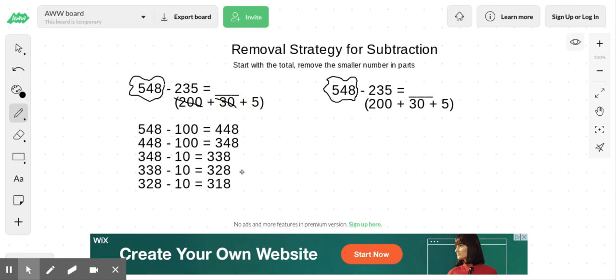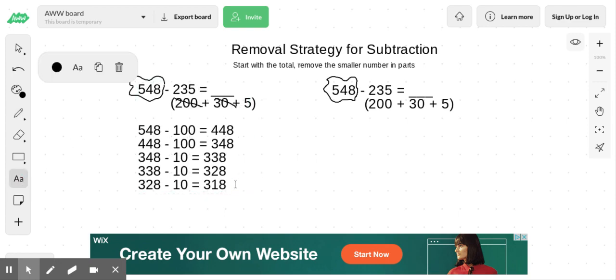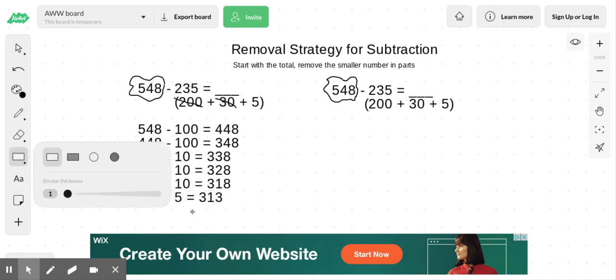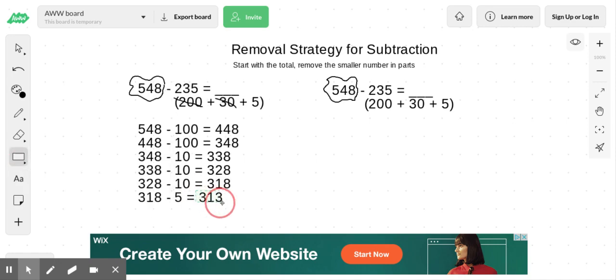So far I've removed 200, 30, and now all I have left to remove is that 5. 318 minus 5 equals 313. And that's my final answer there at the end.